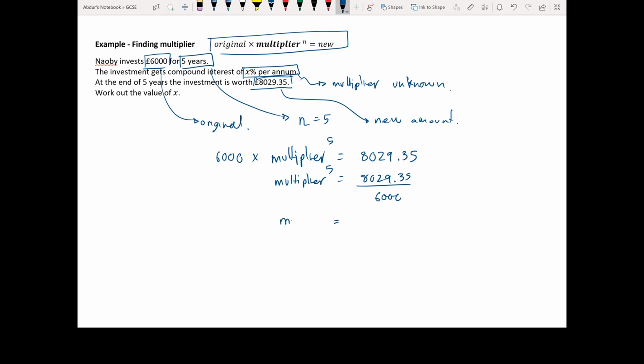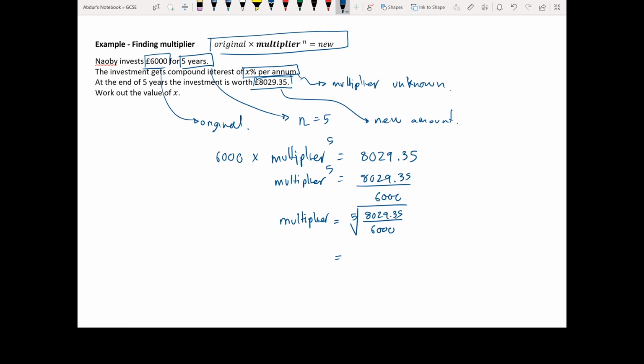If I do the fifth root of both sides, I'll be left with the fifth root of 8029.35 over 6,000 on the right hand side, and on the left hand side I'm left with the multiplier.